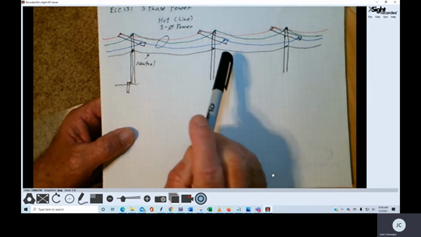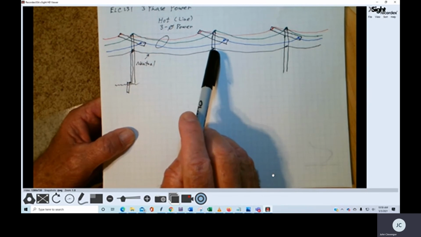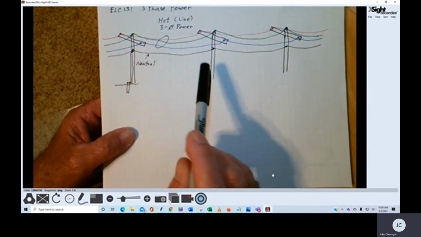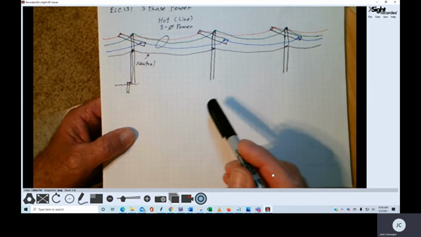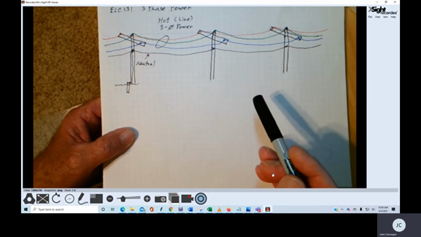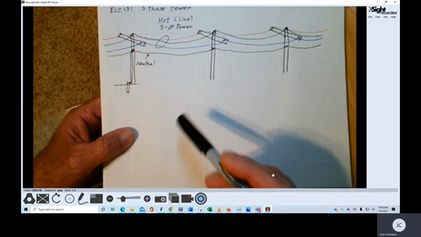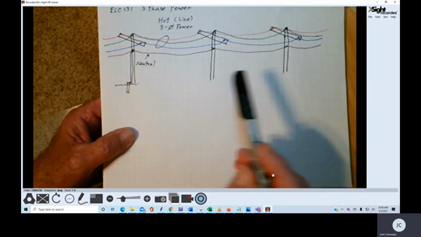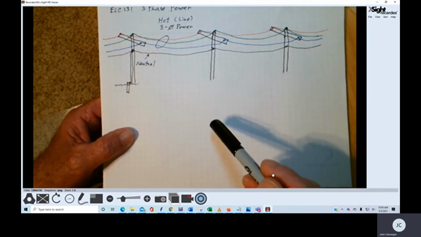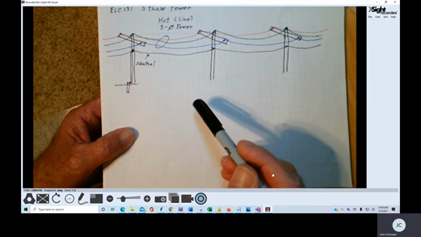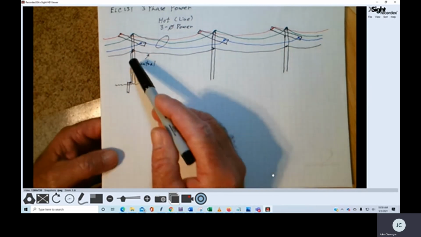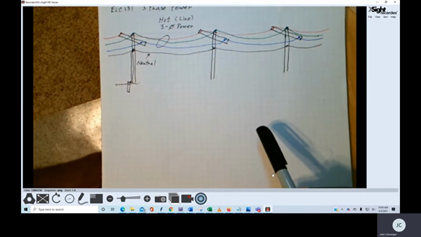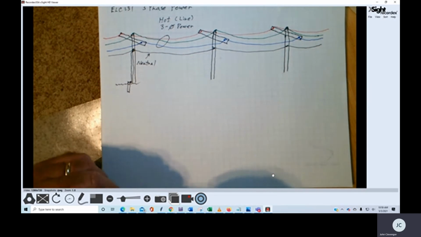But the neutral is really the return path for current to go back to the substation, where it goes back to the power plant, the power generation point. But this neutral is connected to ground at the power pole. It can sometimes also be connected to the guy wire that holds the pole in place.